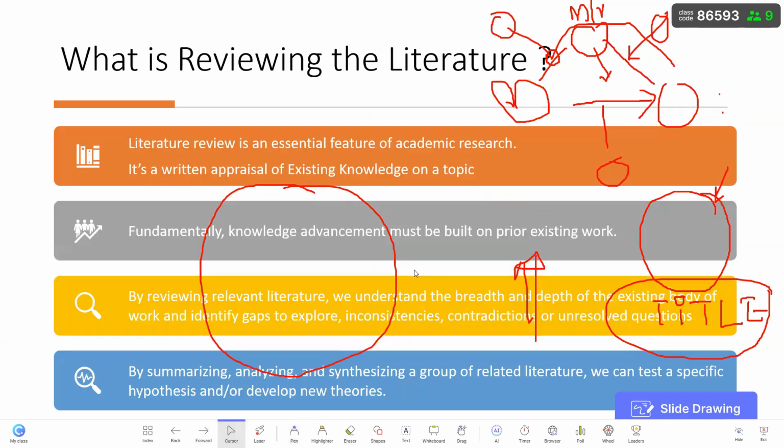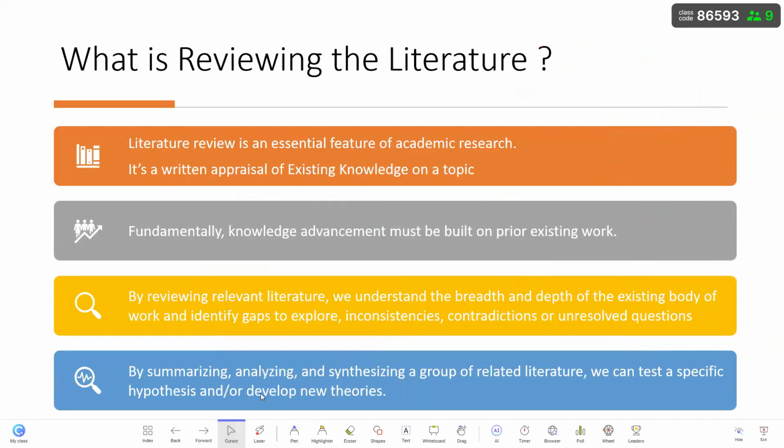Right. So now, how do you review literature? Literature review is the appraisal of current knowledge. Right. Please note the word reviewing. It is not an essay. It's not a survey. It's not a summary of the current research. You are supposed to review the current knowledge.